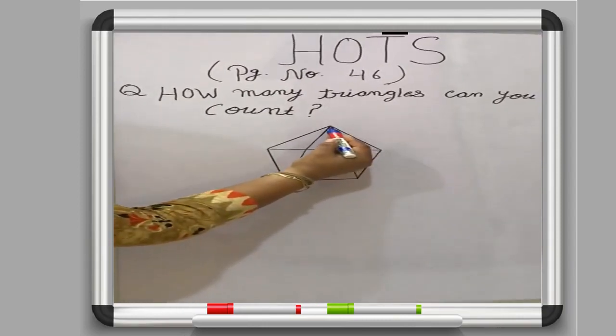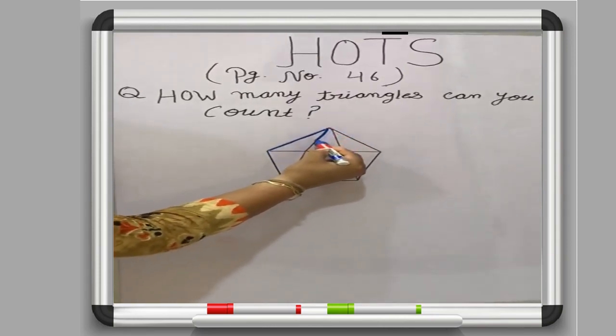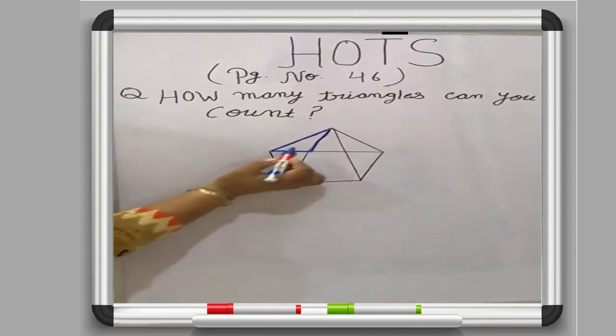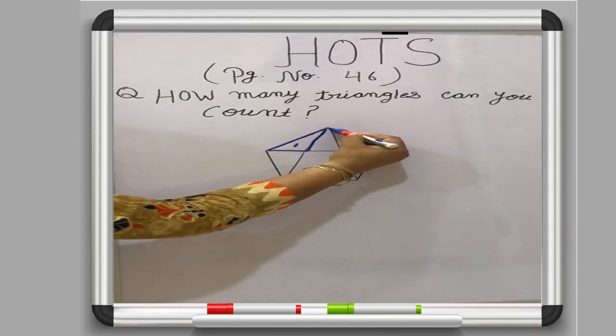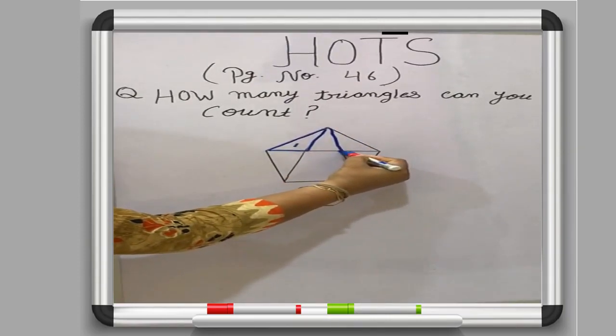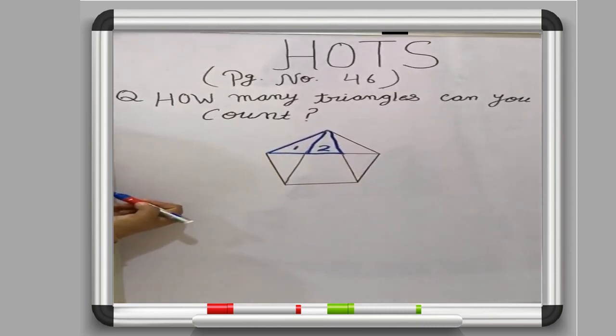So first of all, this triangle is formed. So we will write 1 here. After that, this second triangle is formed. And we will write 2 here.